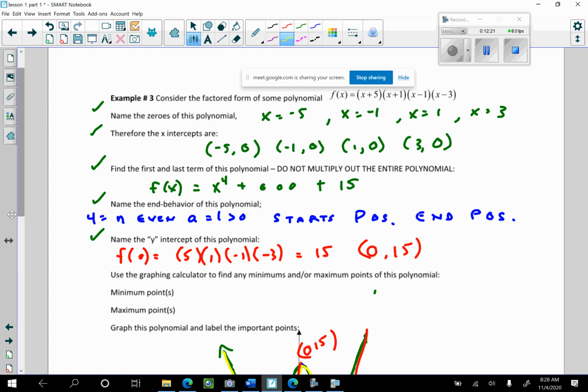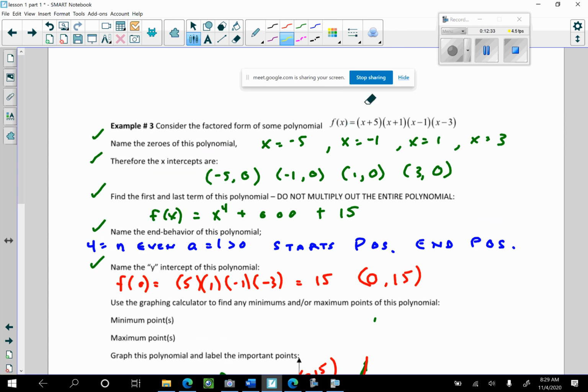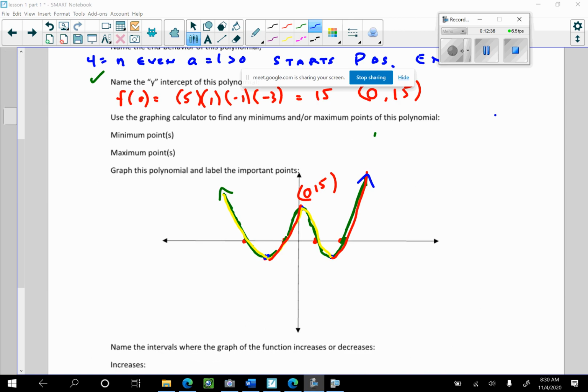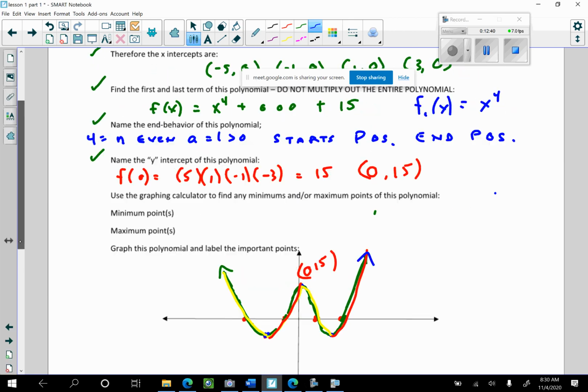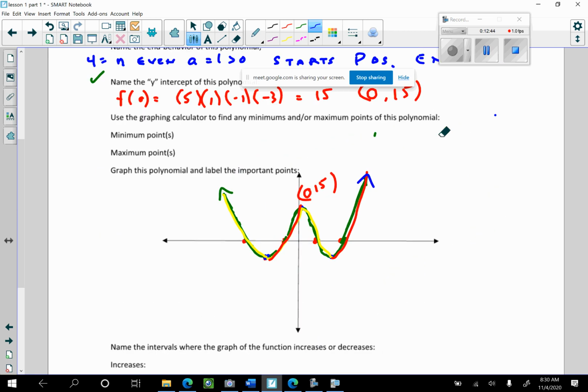We didn't. All right, so let's put this guy in our graphing calculator, because we might have to drastically change the window. Since this guy is in factored form, we just gave a rough sketch using the x-intercepts of this guy.